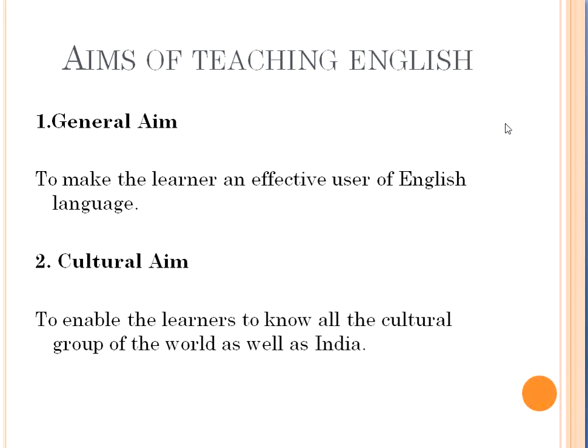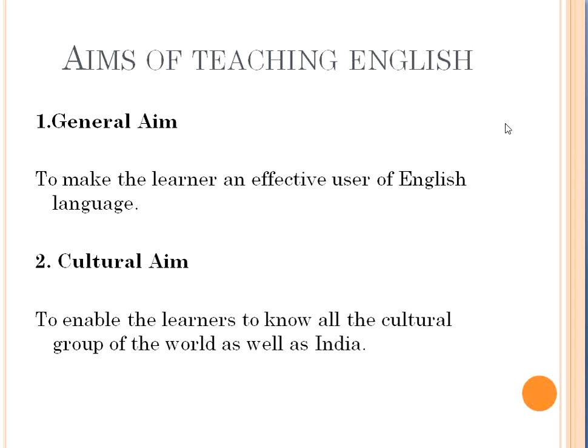For that particular purpose, you will have to take help of English language. So you will make them understand your own culture with the help of English language. So we can say this is a very important aim, cultural aim, to enable the learners to know all the cultural groups of the world as well as India.